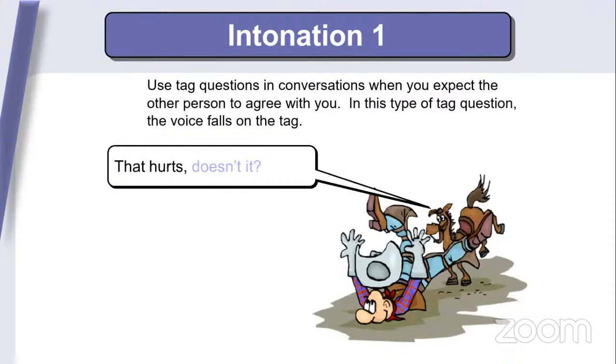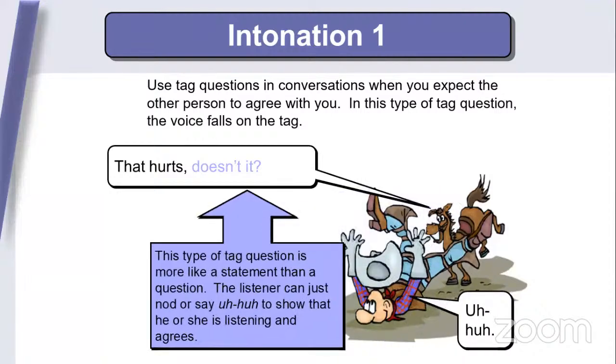That hurts, doesn't it? Right, that's intonation. So this type of tag question is more like a statement than a question. The listener can just say, right? to show that he or she is listening and agrees.